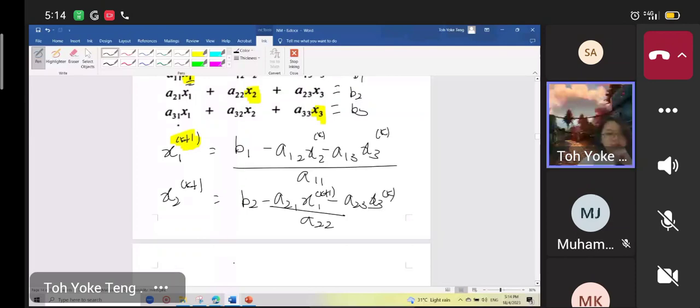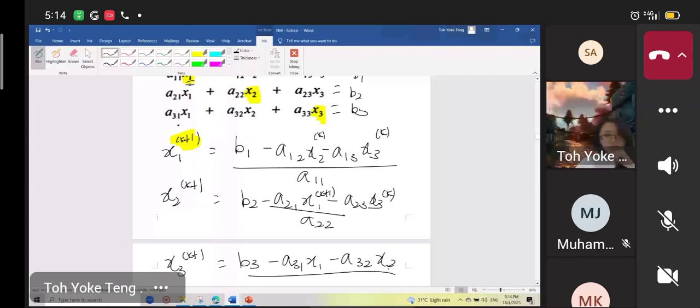Then the same thing, x3 k plus 1 equals B3 minus A31 x1 minus A32 x2 over A33 here. x1 you get the latest value already, x2 also you get the latest value already.